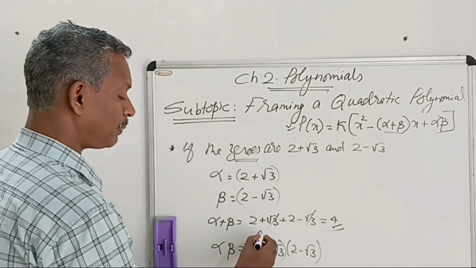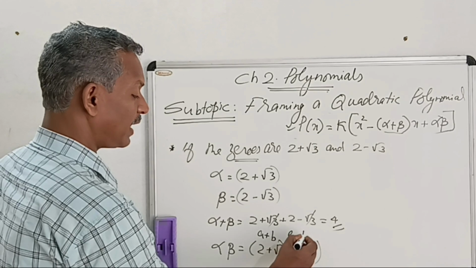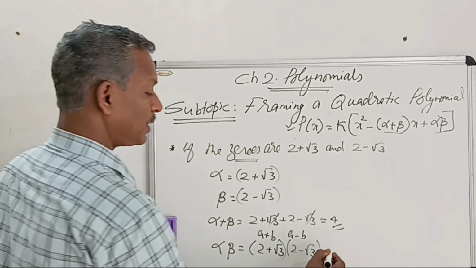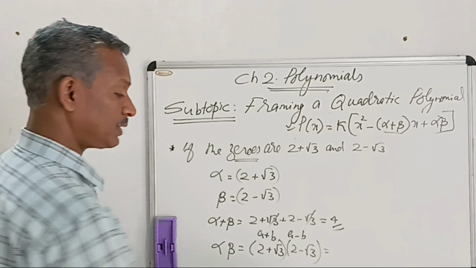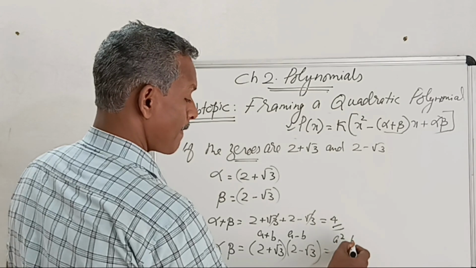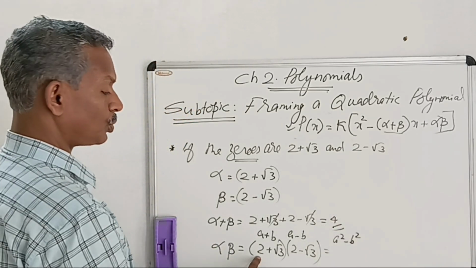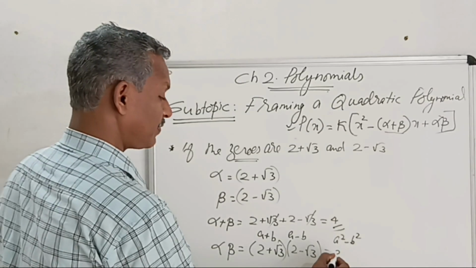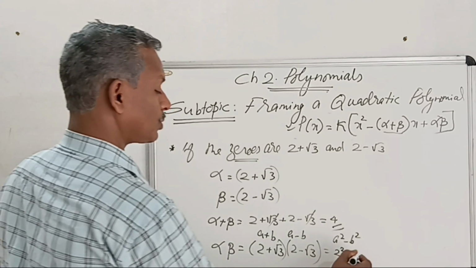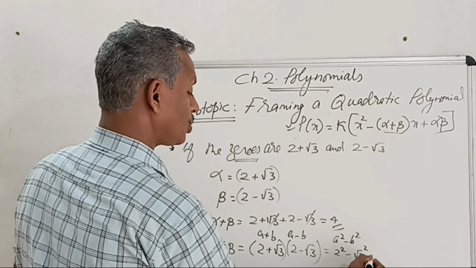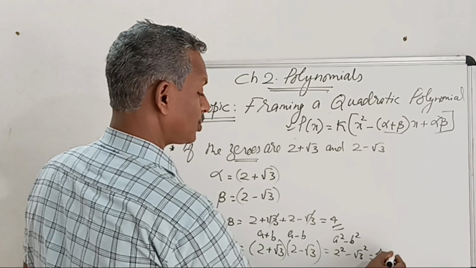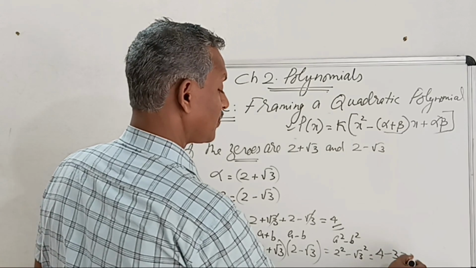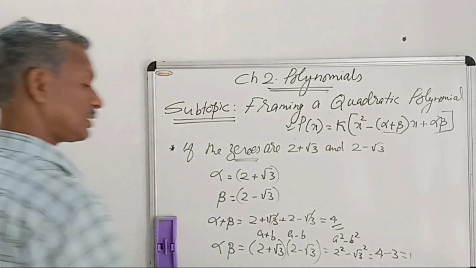It follows a plus b into a minus b identity form. A plus b into a minus b is a square minus b square. 2 square is 4, minus root 3 square is 3. 4 minus 3 is 1.